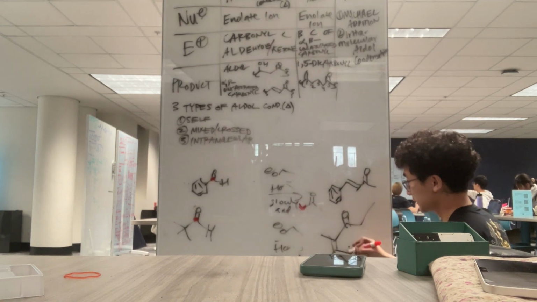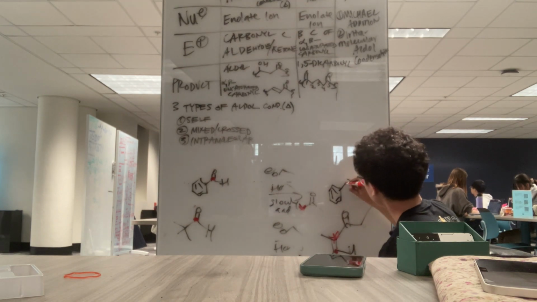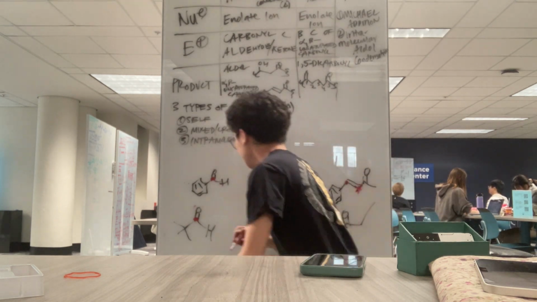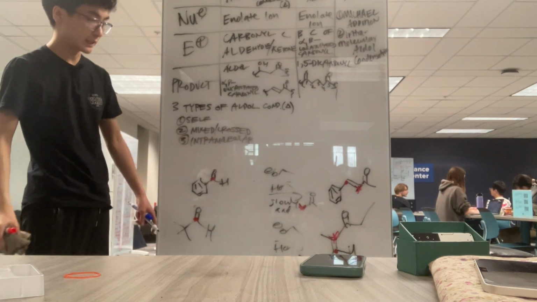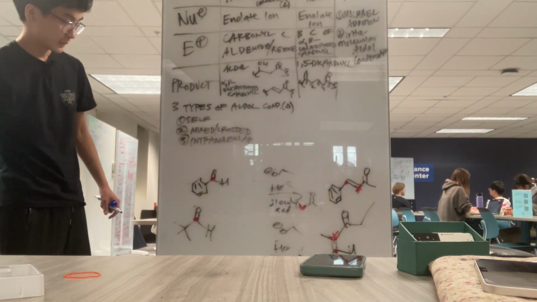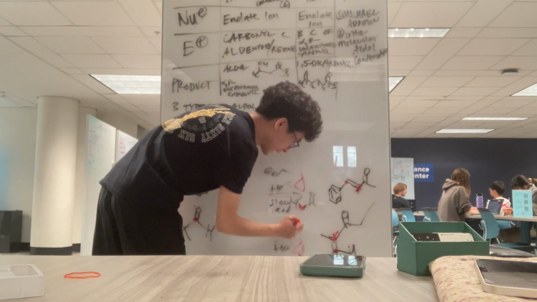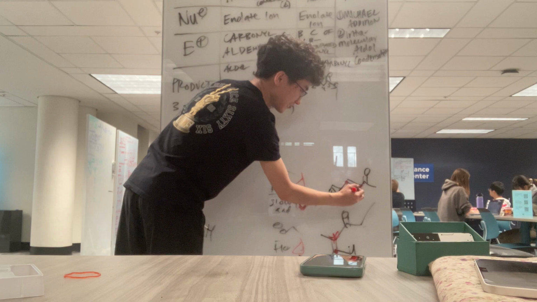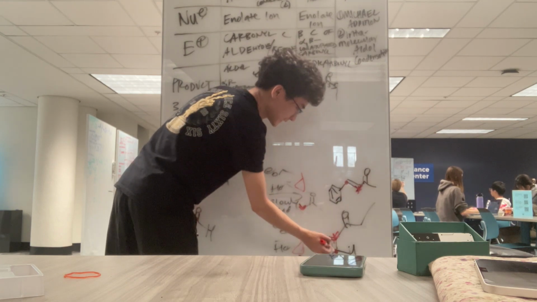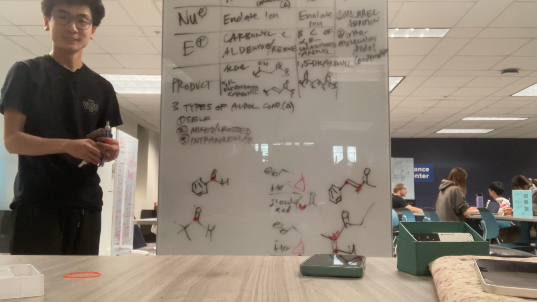Where this was the star, this is the dot, this is the star, this is the dot. So if you did the shortcut, you would get those products. You could even try that out with the mechanism too. Yes, this is acetone right here. This is the star, this is the dot.